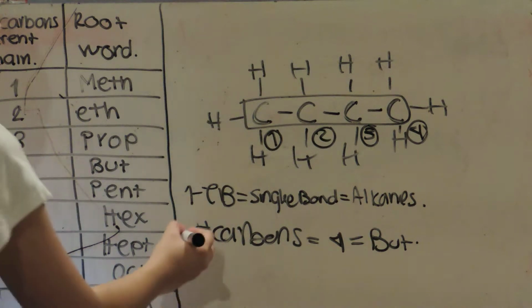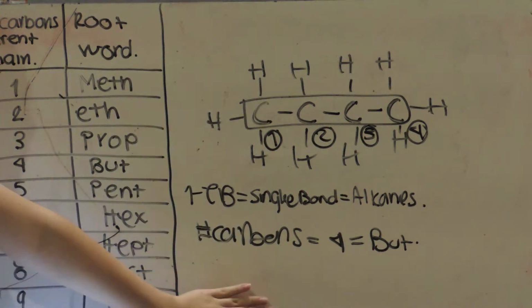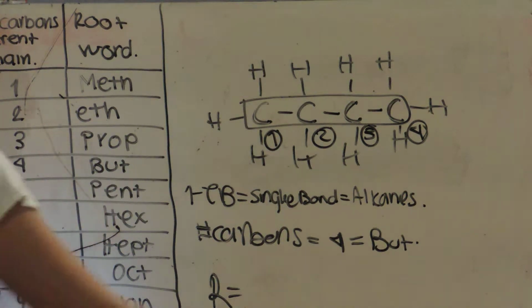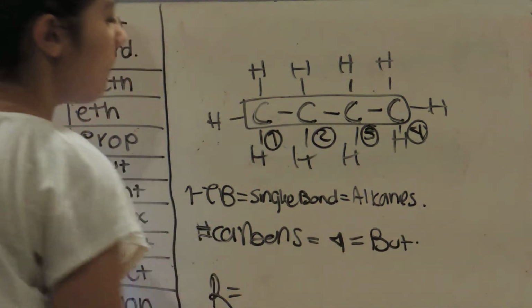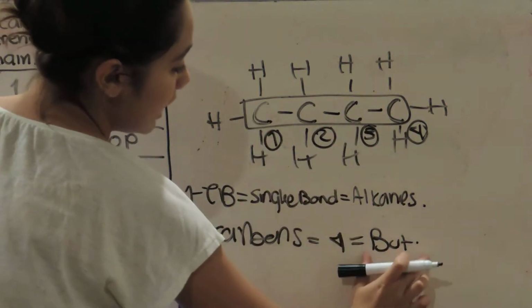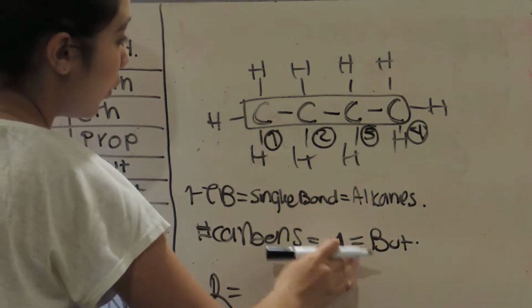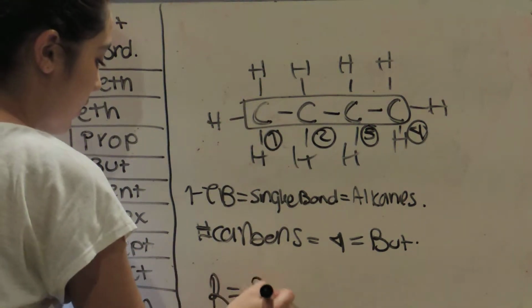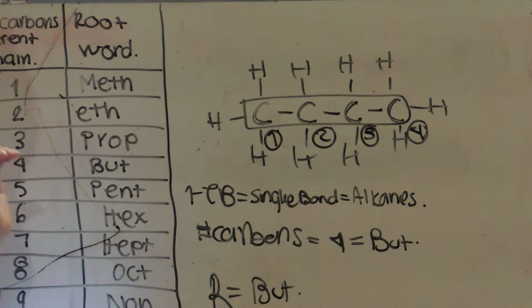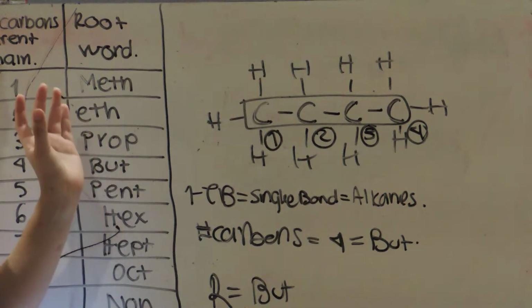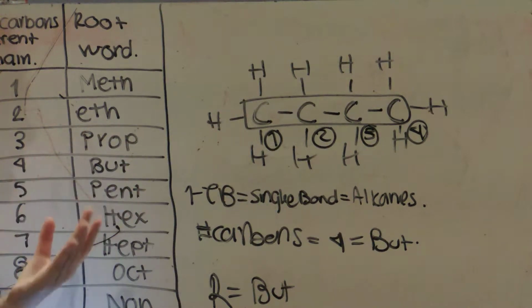As a result, we will have our first part of the word, which is the parent chain or the root word, and a pair of letters that lets us know whether it's an alkane or an alkene.